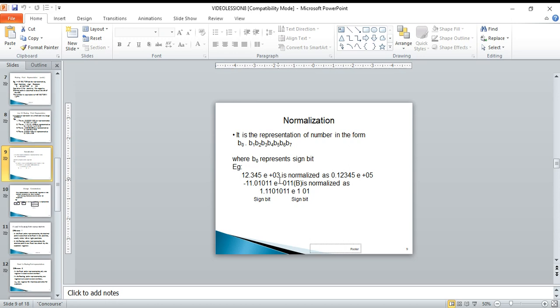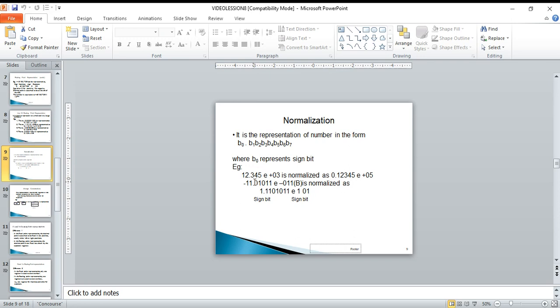The exponent can be increased by 2 positions. So 0.03 plus 0.2 is 0.5. We will get the exponent as 0.5, and this can be represented like this: 0.12345. This is the normalization of the decimal number.